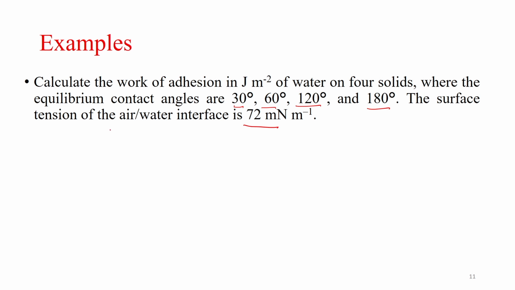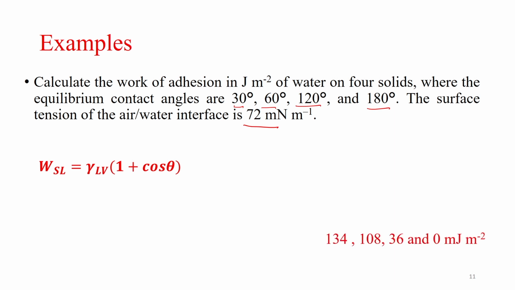That we can quickly calculate using the Young-Dupré equation, which says work of adhesion is gamma LV into 1 plus cos theta, and theta value is 30, 60, 120 and 180. So, you can calculate, and you are observing we are getting different values of the work of adhesion. If it is cos 180, its value is minus 1, so we are getting 0. So, we can calculate the work of adhesion using this Young-Dupré equation.